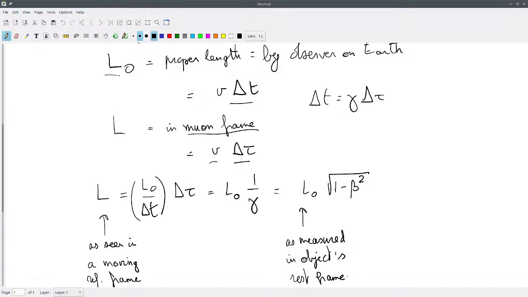Let's see, Isaac is asking, what's the word before length in the L0? Proper length, probably, right? This is similar to proper time, which is the time as measured in a reference frame where the clocks aren't moving. Proper length is the length as measured in a reference frame where the object isn't moving.